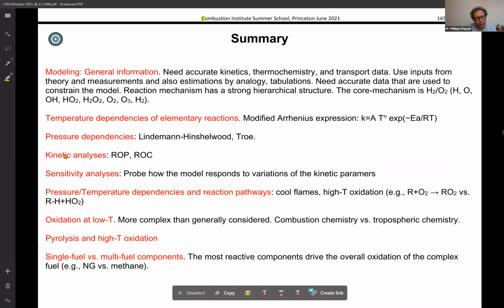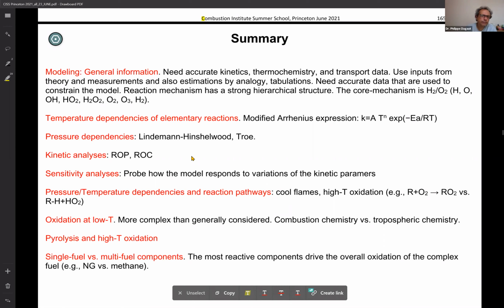I also introduced some tools that can be used to understand what's going on and also to help improve the modeling. These include kinetic analysis through rates of production and rates of consumption of products or intermediates.